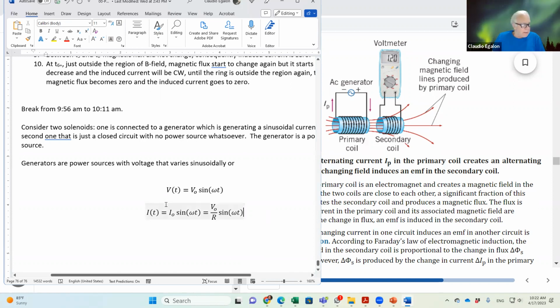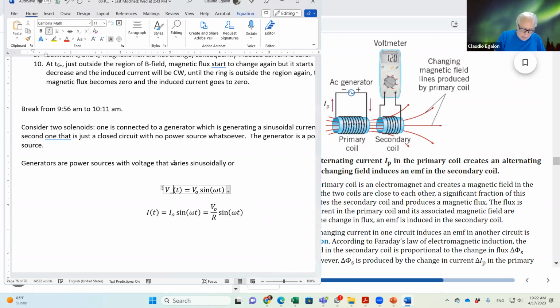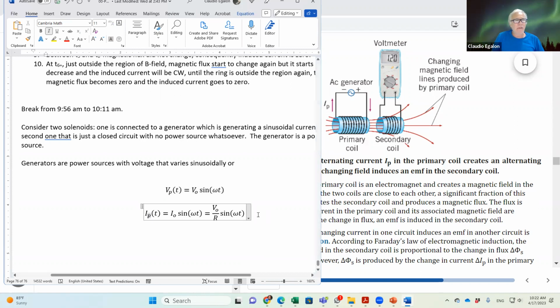Now I'm going to put the primary here: the voltage in the primary and the current in the primary, just like we have in this drawing.